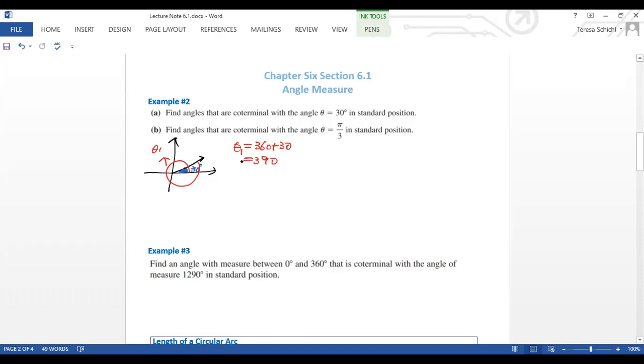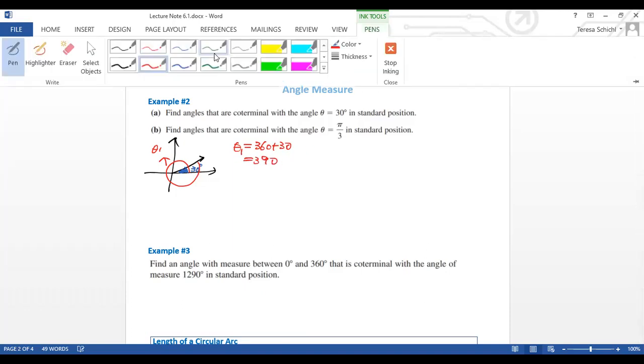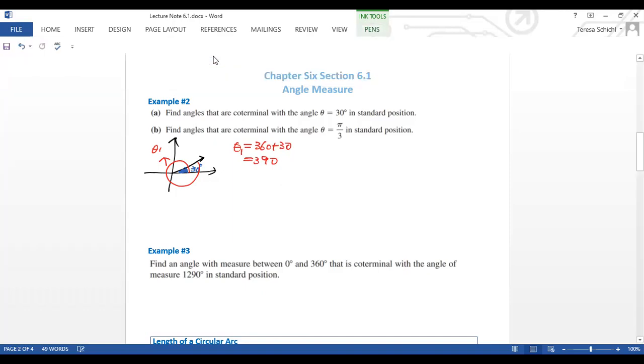Let's look at another way to find another coterminal angle. Instead of going this way, I can go this way. The green one is theta 2.